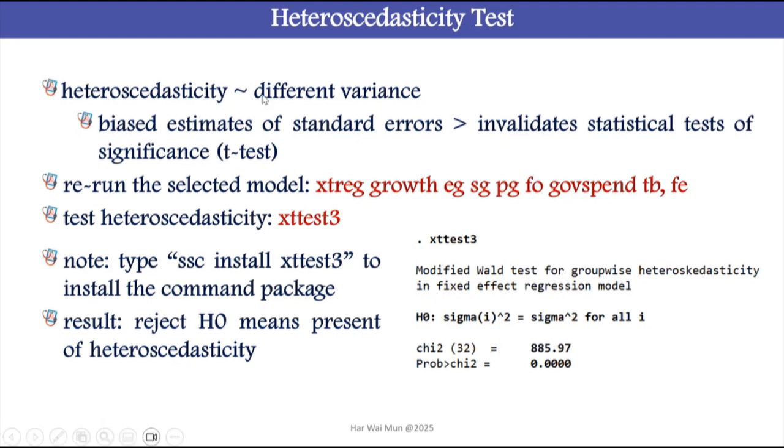So now for diagnosis tests, anything that rejects means no good. Why? Because H naught means nothing, H naught means 0, like the correlation just now. If you do not reject H naught, that means nothing, that means homoscedasticity, good. Just like you go to your clinic and do a blood test.